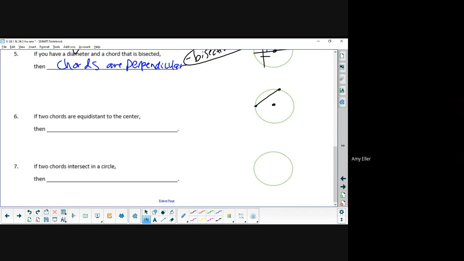Now, if I asked you to come up and measure the distance from the chord you picked to the center, some of you may place your ruler right here and say, 2.7 centimeters. Somebody says, no, the distance is this, 2.6 centimeters. Somebody might say this.